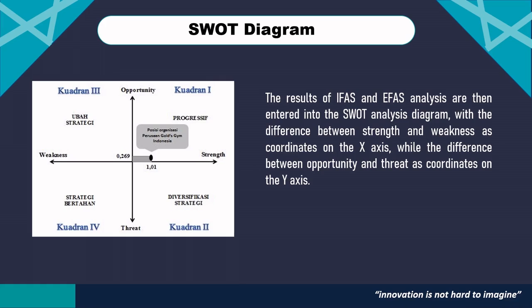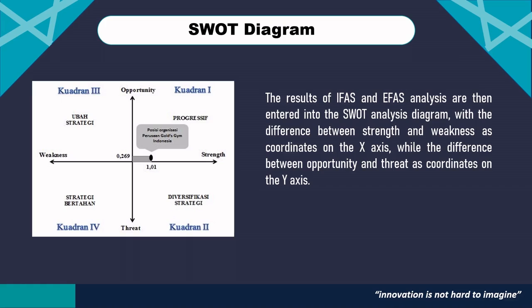Quadrant 3: even if they have an opportunity, on the other hand they face several obstacles in the form of internal weakness. And finally, quadrant 4: this position is a weak company facing a big challenge.